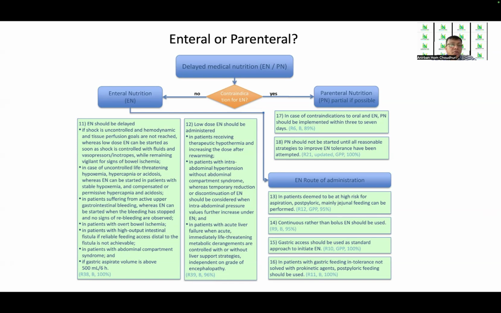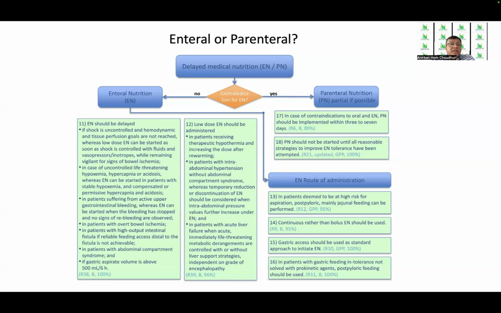In case of uncontrolled life-threatening hypoxemia, hypercapnia, or acidosis, enteral nutrition should also be delayed. Likewise in patients with active upper GI bleeding, overt bowel ischemia, high-output intestinal fistula, abdominal compartment syndrome, or very high gastric aspirate volume that is not controllable.